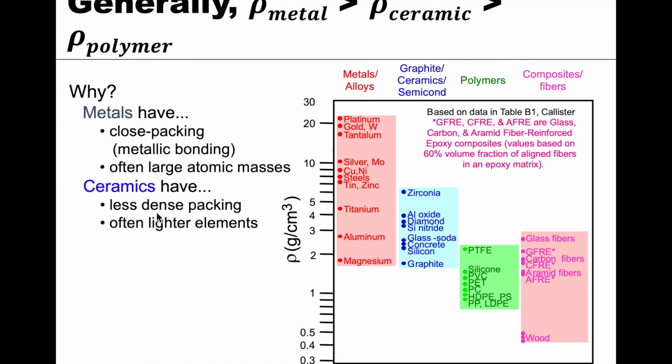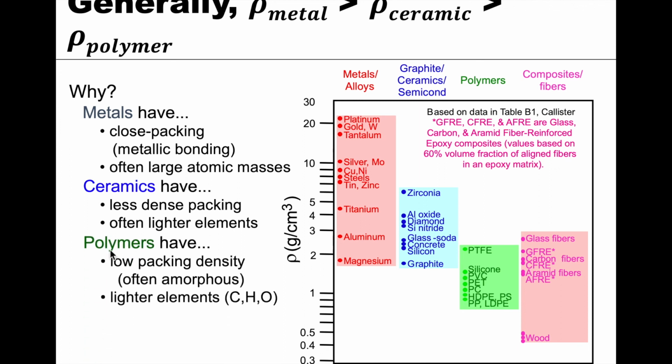This is the next category of structures we're going to look at, and they often have a mixture of metals but also lighter elements like those non-metals. And polymers have low packing. Like we mentioned in the amorphous section, they can be amorphous or a mixture of amorphous and crystalline, and they deal with those low elements in most cases, like carbon, hydrogen, oxygen. So they tend to be on the low side. And then obviously composites are going to have intermediate values because they are mixtures of these different classes.